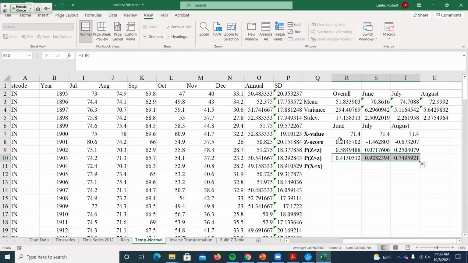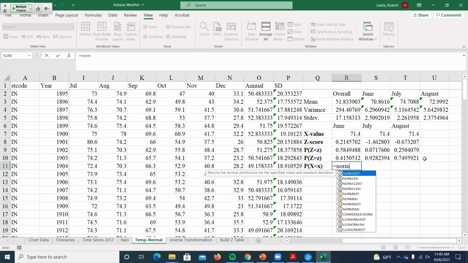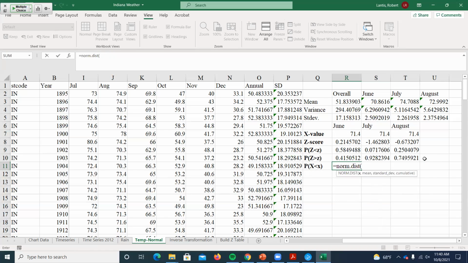Any questions on that? It shouldn't be too bad. So we have another function that makes life even easier, right? We've got this norm.dist function. Sometimes we might want to see what that z-score is, right? We might just be interested in how many standard deviations away from the mean we are. Sometimes we don't care. Ultimately, what we want is just the probability, right?